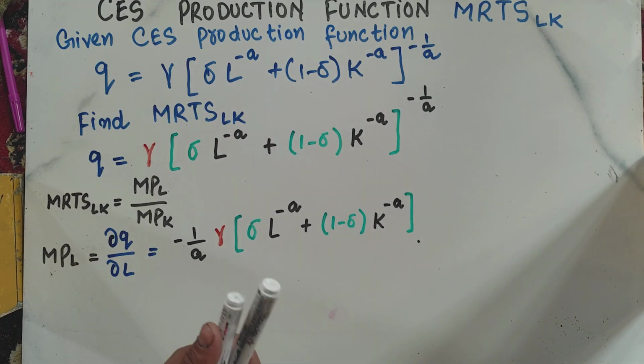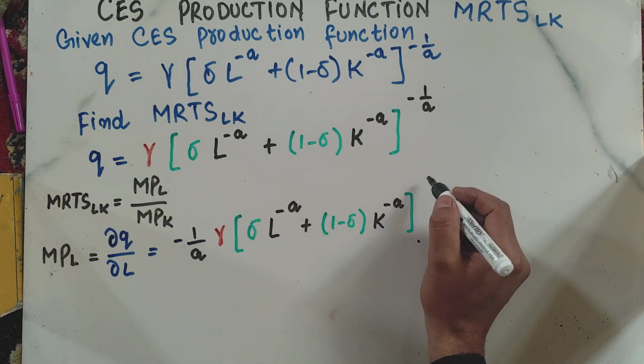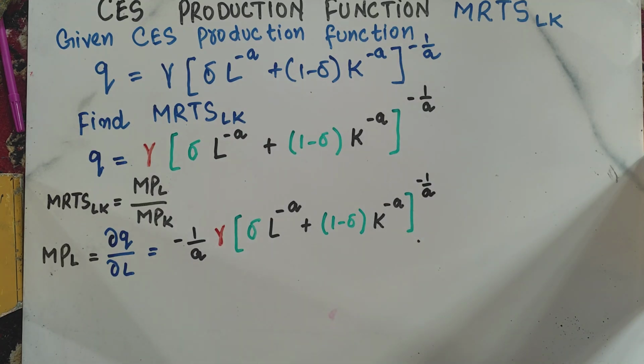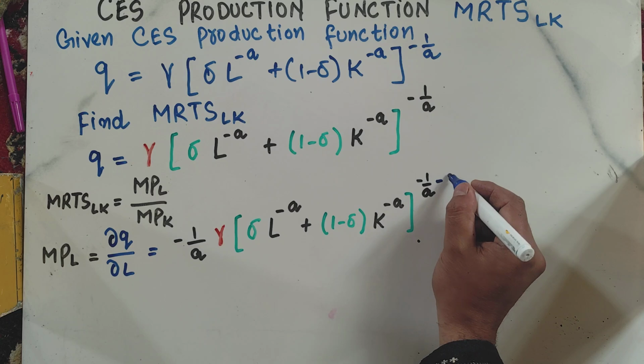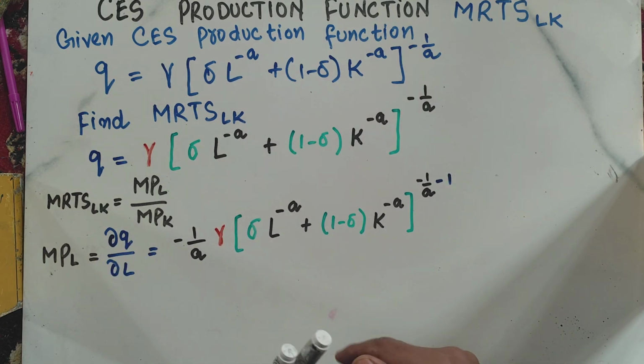Now what happens to our exponent? We apply power function rule. Exponent becomes coefficient, and this exponent 1 upon A is subtracted by 1. So we have negative 1 here. Okay, then we apply this chain rule.